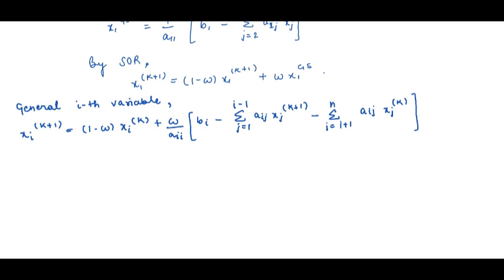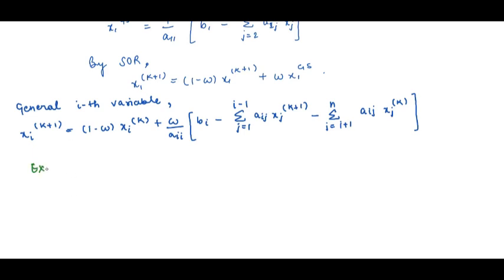And this is the SOR iteration formula. Notice that it contains the same updated and old values used by Gauss-Seidel, and the only difference is the additional relaxation factor omega. Now let's understand this formula intuitively.